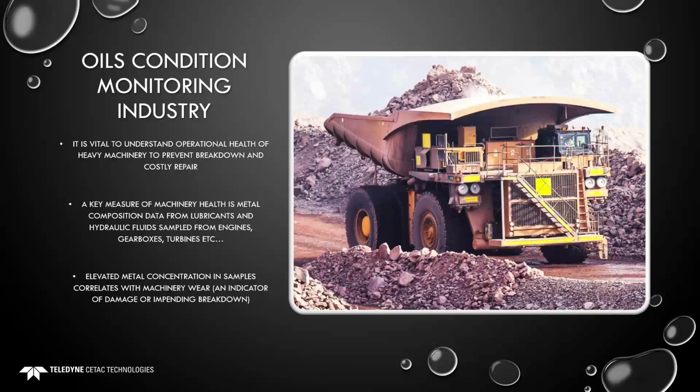Then when metal concentration spikes or is elevated, we're able to use that information to indicate damage or impending breakdown. This allows the owner and operator to make better choices about when and how they'd like to do their preventative maintenance, and hopefully schedule it for times where they're not going to cause a delay to a large project.